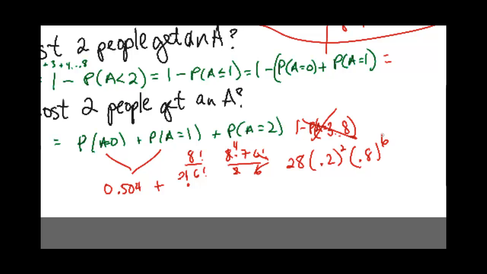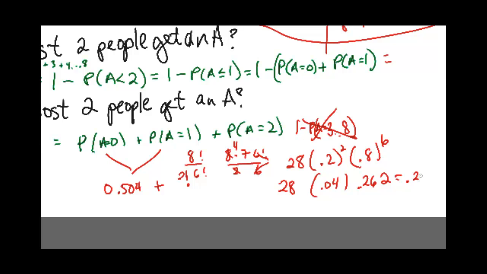So we're going to do that in our handy dandy calculator. 0.8 raised to the 6 is 0.262, and then 0.2 squared is 0.04, and then when you multiply the 3, that's what you get. 28 times 0.04 times 0.262 equals 0.293.